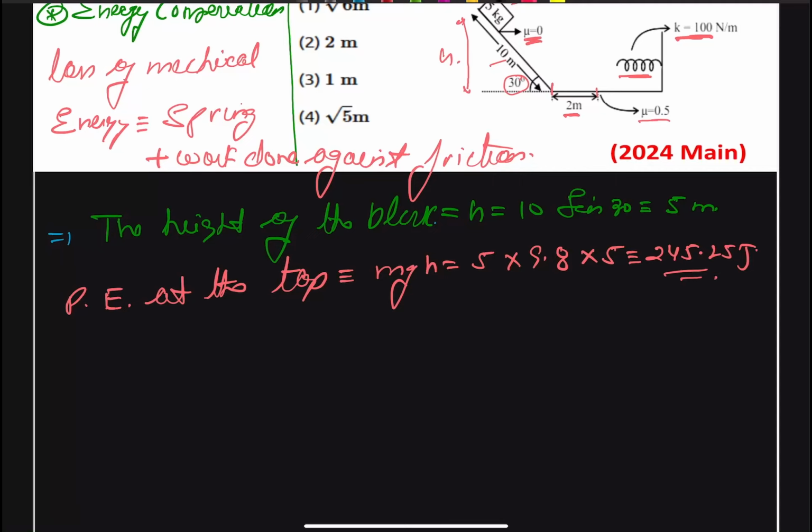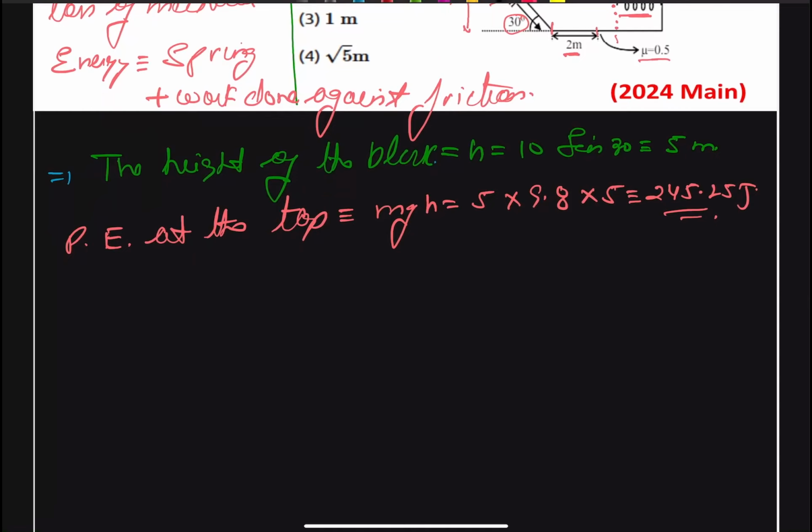And let us suppose that v is the velocity when the block reaches the spring. So here the velocity is v.